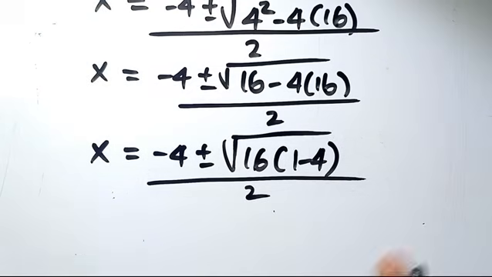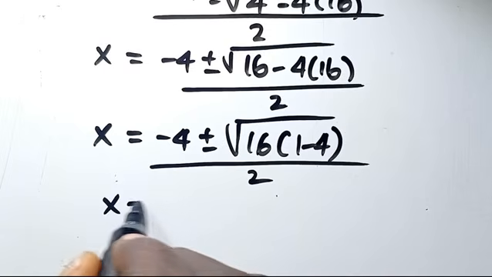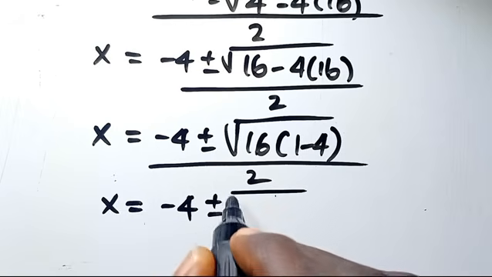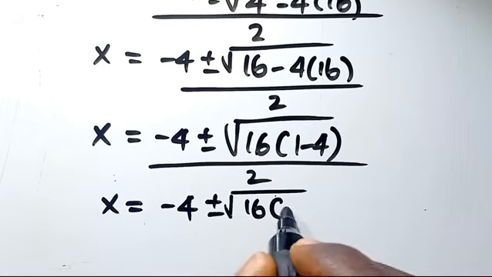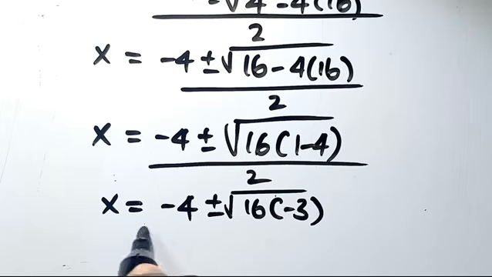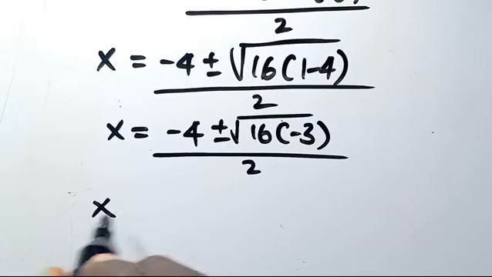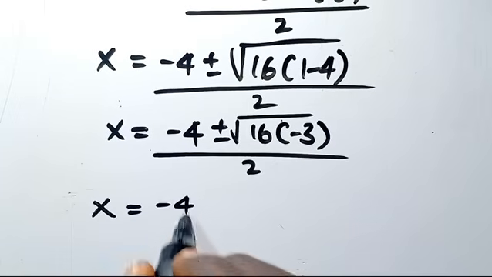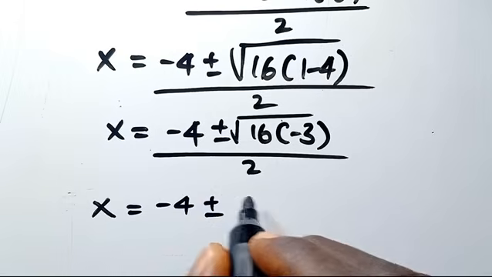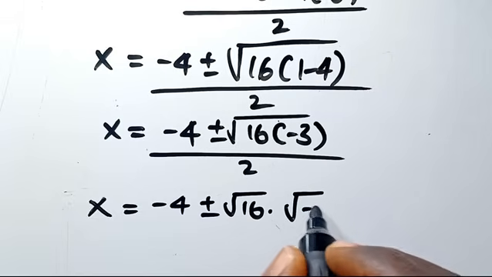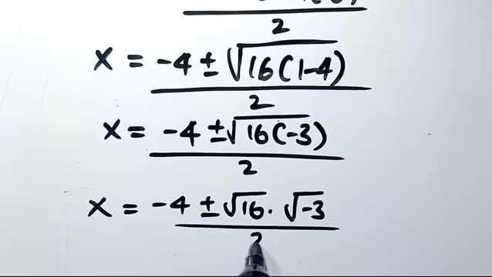So we have x = (−4 ± √(16 times −3)) over 2. So we have x = (−4 ± 16 times √−3) over 2.